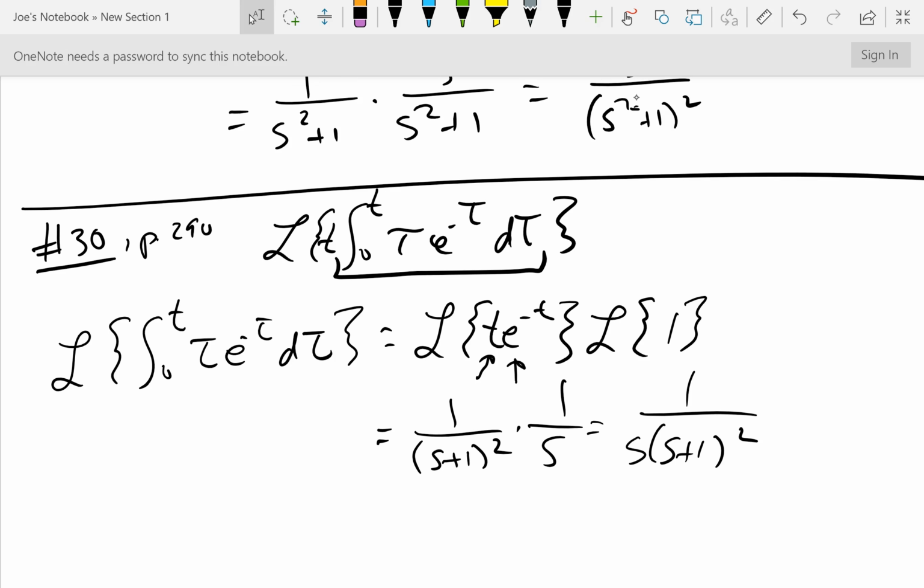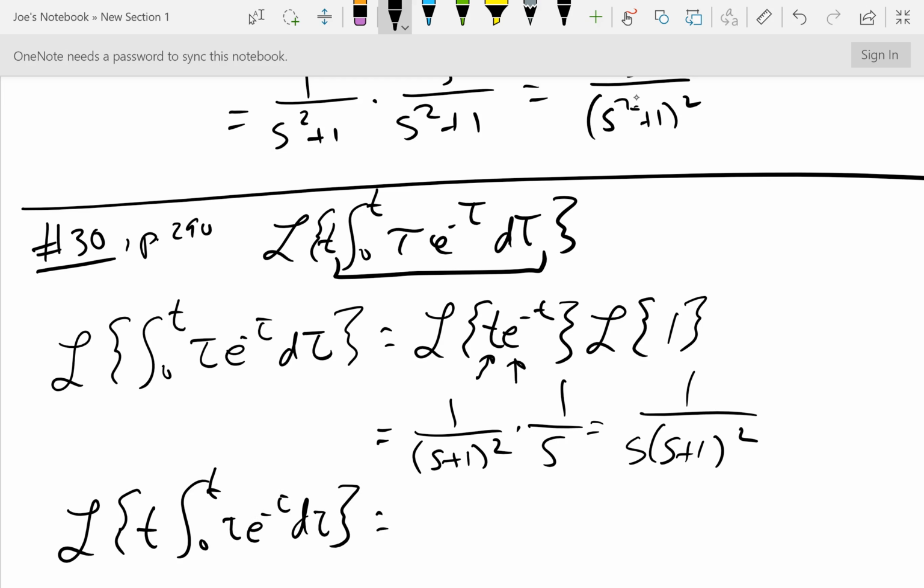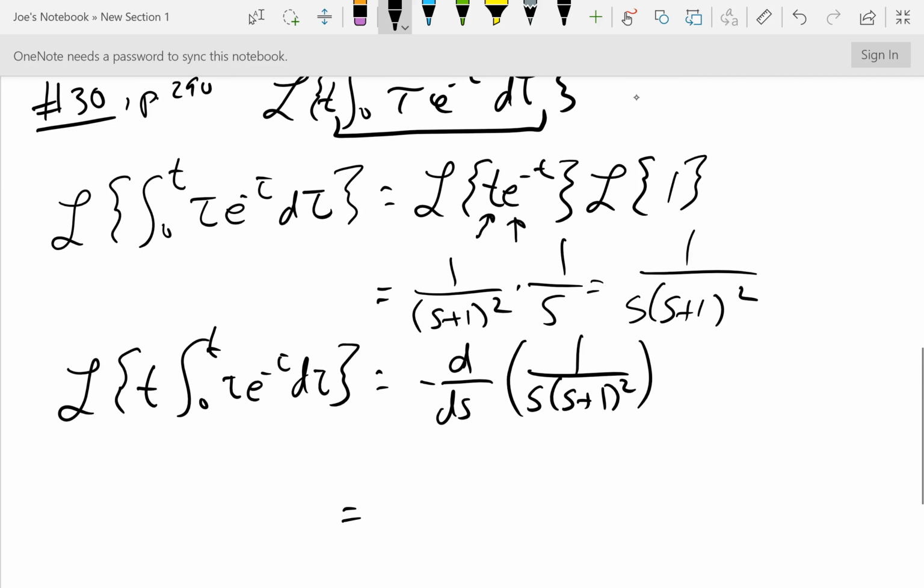So using that previous theorem, we know that the Laplace transform of t times the integral will be the negative derivative of this Laplace transform we just found. Let's do this by multiplying out the bottom here. This would be s cubed plus 2s squared plus s.